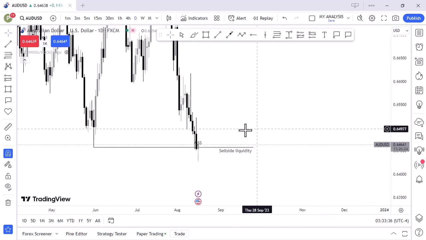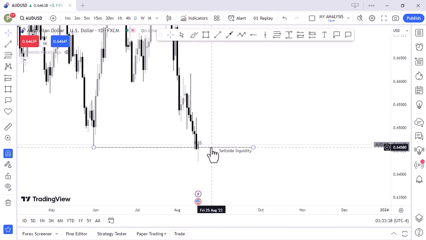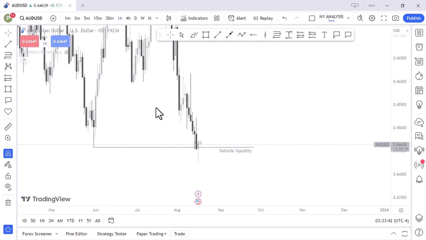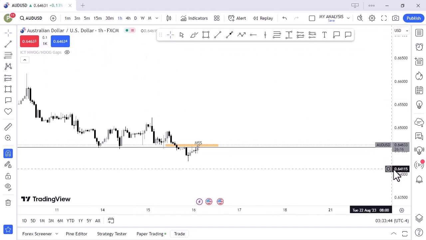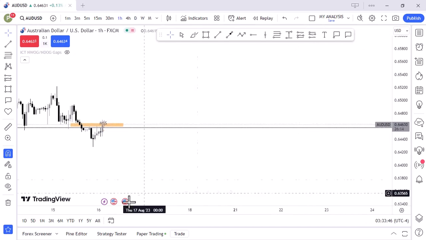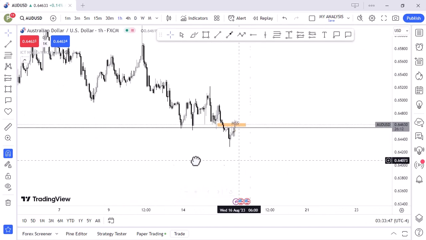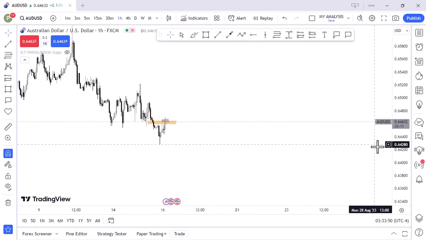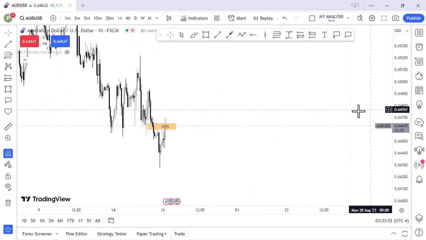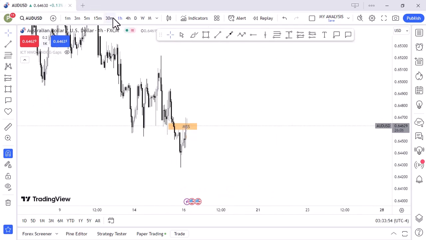We took that out, pierced through. I haven't really gotten a fair market structure shift to the upside, so I'm still looking for sells on this trade.